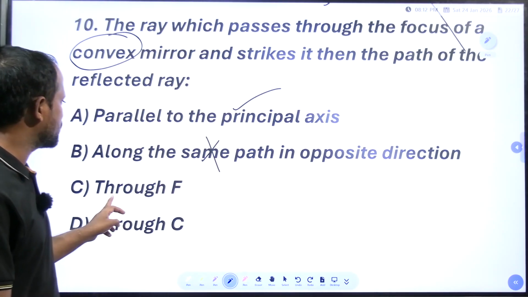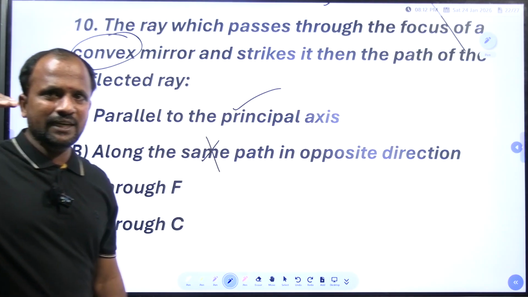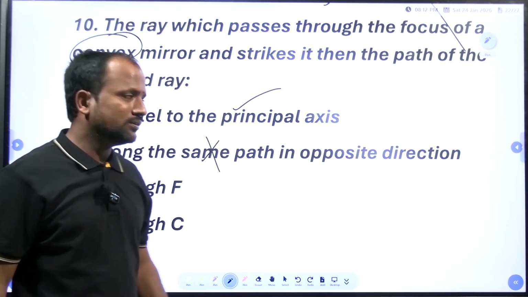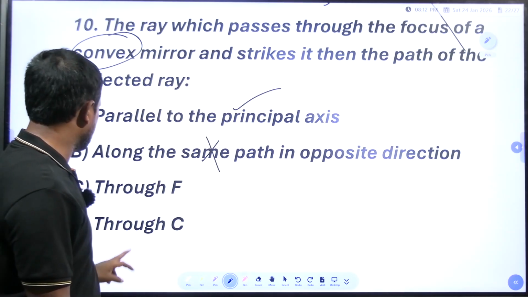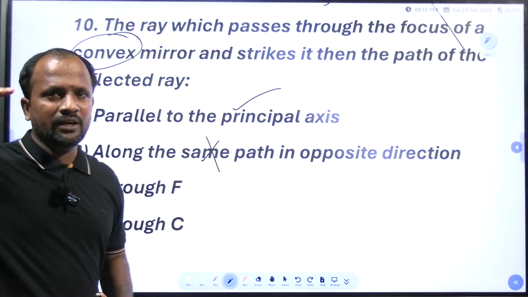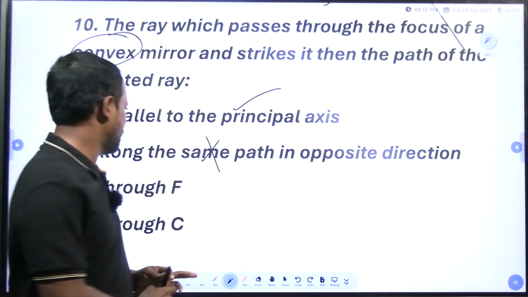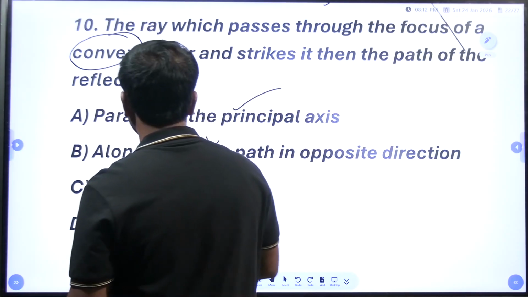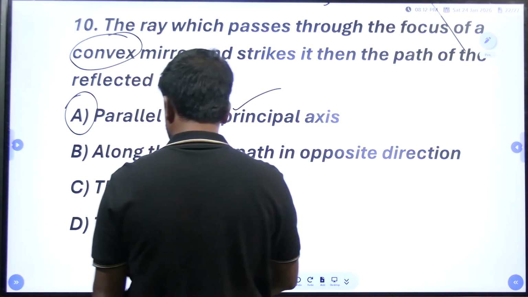That is all. Next, through F. If the incident ray is passing through the focus, does the reflected ray appear on the same path? No. Then C, center of curvature: undeviated, in the direction it is incident, it will bounce back along the same path. That is also a wrong option. So option A is the correct answer. Next question.